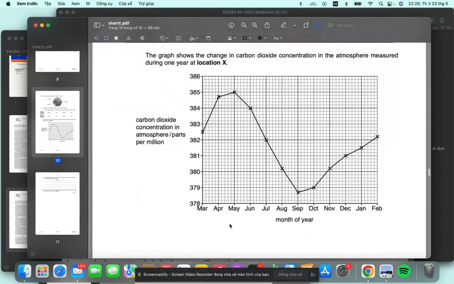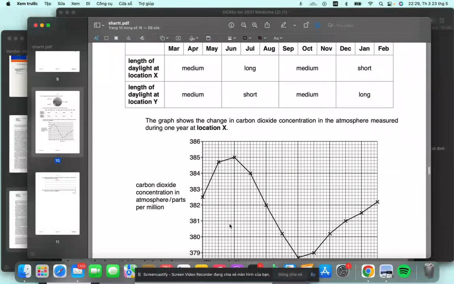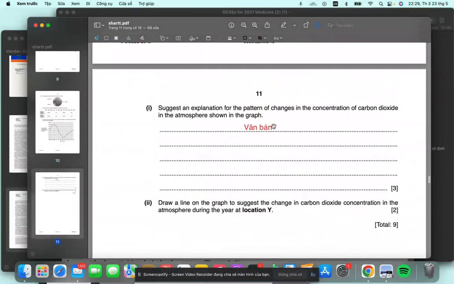Okay, so low CO2 concentration with high light intensity. This is photosynthesis. This is making chlorophyll with chloroplasts. Chloroplasts involved. What else?